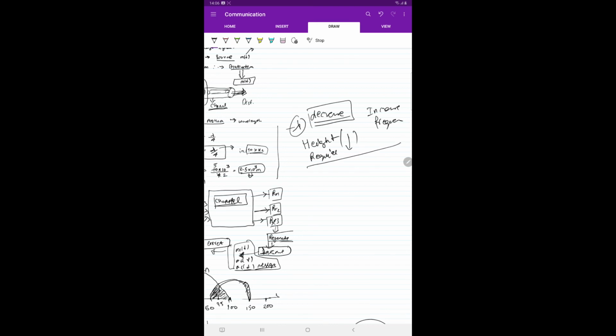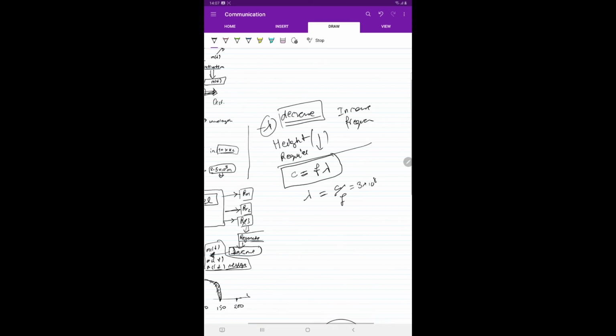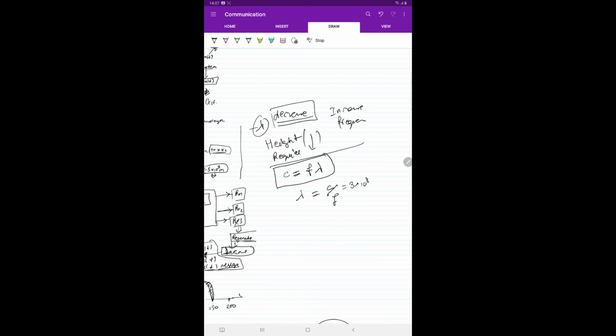I think you know the relation between frequency and wavelength: wavelength is C by F, where C is constant, 3 into 10 to the power 8 meter per second.